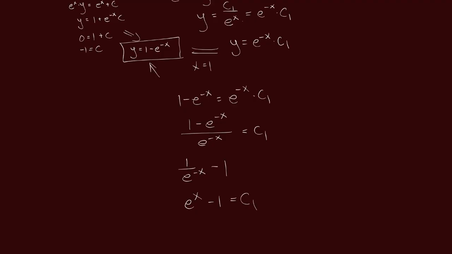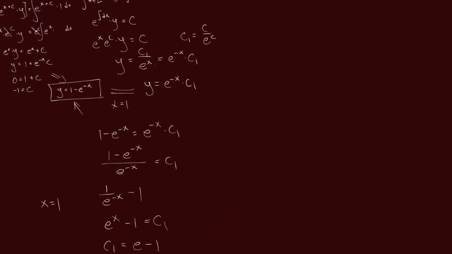Okay, and then when x is equal to 1, c1 is equal to e minus 1. Alright, so that's what we're going to have this to be equal to. And this will be equal to 1 minus e to the power of minus x.